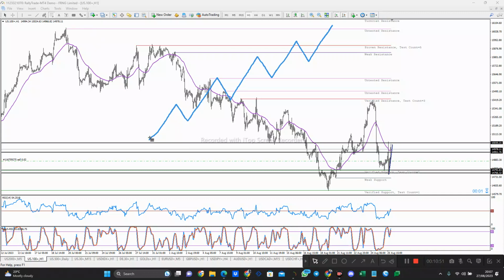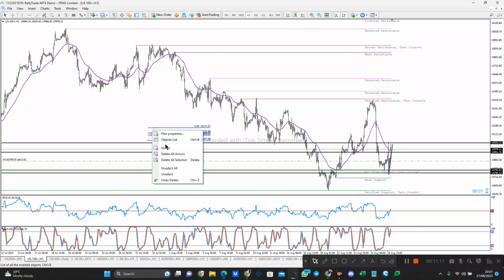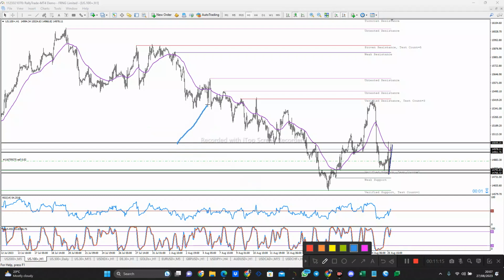If I draw this Fibonacci retracement tool from this low, it's not allowing me to do that.